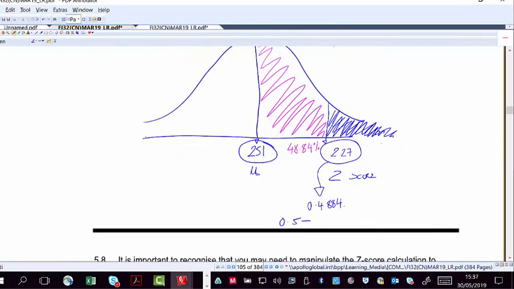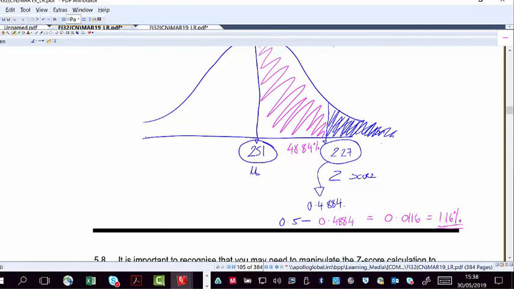So if we take the 0.5 and deduct 0.4884, the percentage of students who will drink more than 285 pints will be 0.0116, which is 1.16%.